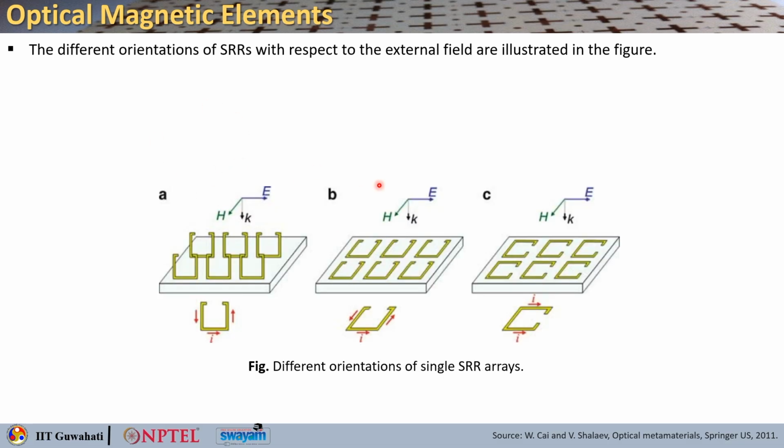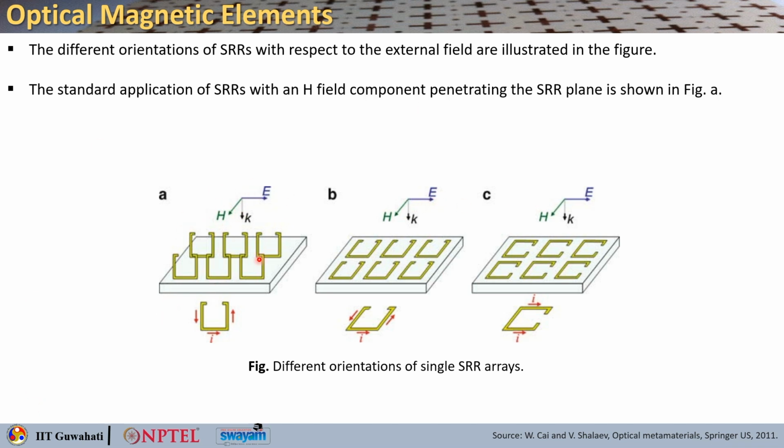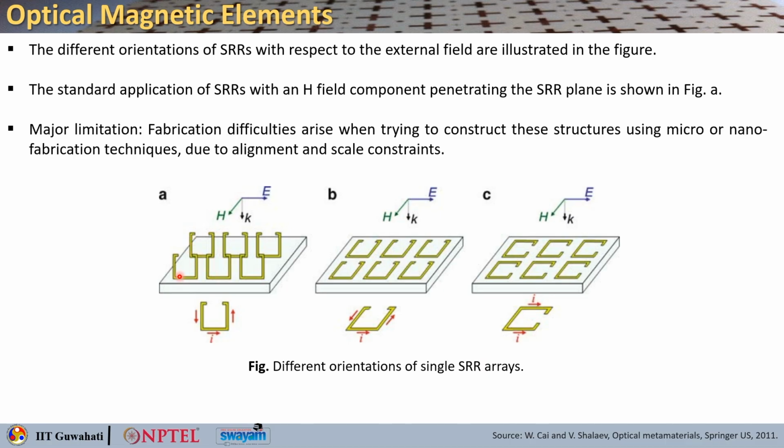This figure illustrates the different orientations of single SRR arrays which I was talking about, with respect to the external fields which are also shown in each of these figures. Figure A shows the standard SRR operation, where the magnetic dipole can be excited by the external magnetic field itself, because the field is in this direction and these SRRs are normal to this field.